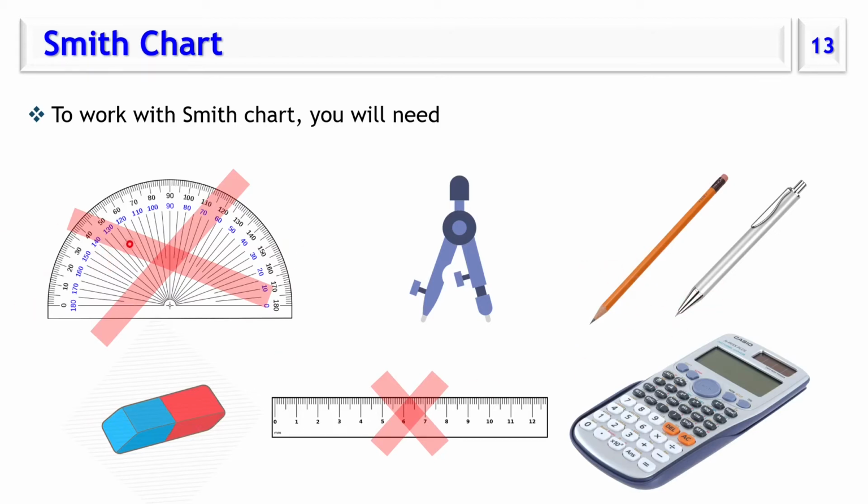You don't need a protractor to measure the angle, because the angles are drawn. You don't need something to measure the length, because the length is relative. You must use the scales at the bottom, and for the compass you just need to use the radial scale on the circle of the Smith chart. So as I said, no need for a ruler, no need for a protractor, just a compass, calculator, eraser, and pencil would be enough.